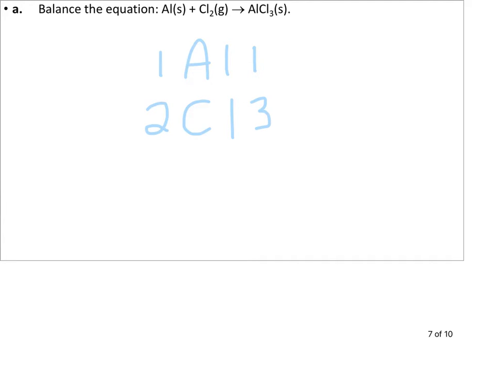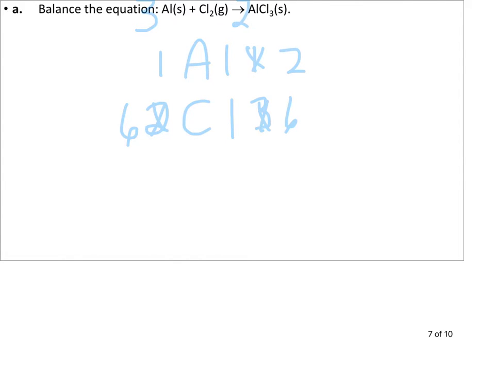So not balanced. So get the chlorine balanced. I put a 3 here and a 2 over here. That would make both of these 6. And that then also changes this to a 2, and I put that 3 in the wrong place.